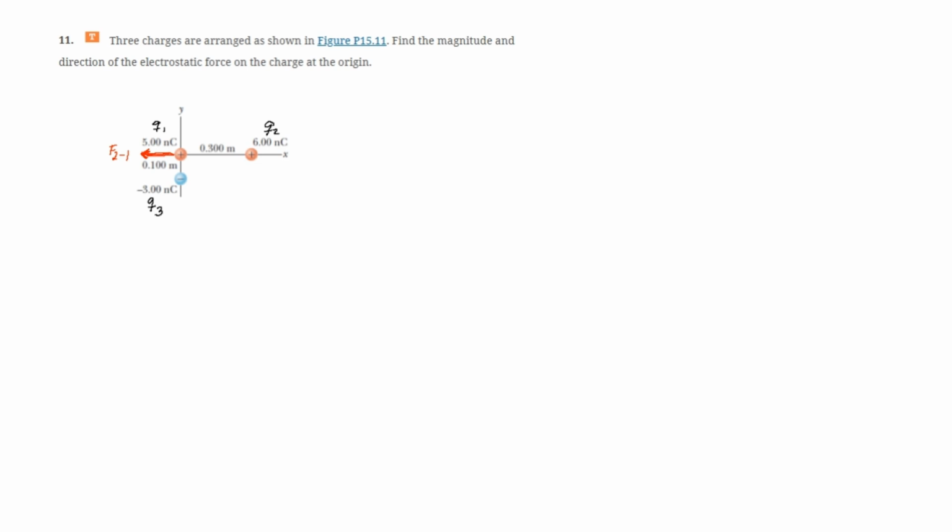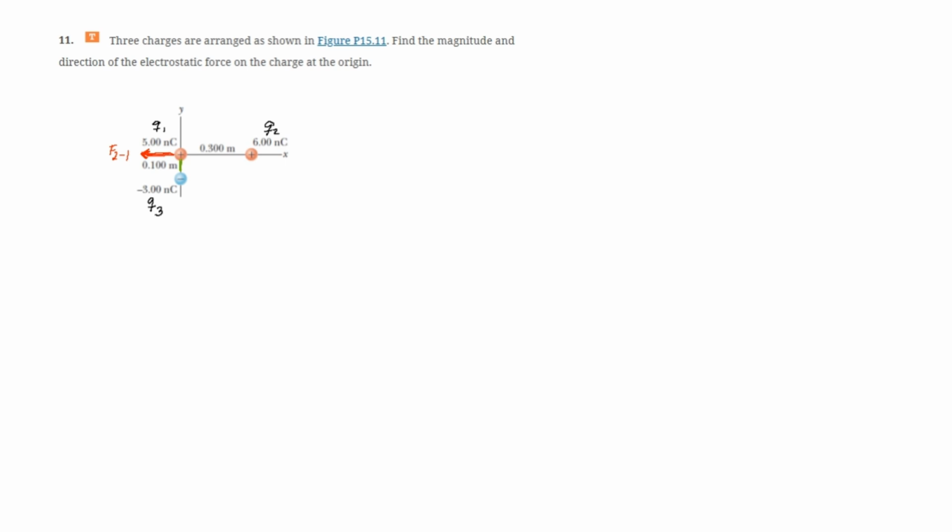Now, due to the action of the charge of negative 3 nanocoulombs on the charge of 5 nanocoulombs, so due to the action of Q sub 3 on Q sub 1, there would be an attractive force that is going to try to pull Q sub 1 toward Q sub 3, right? So we have one force here, it is a force of attraction.